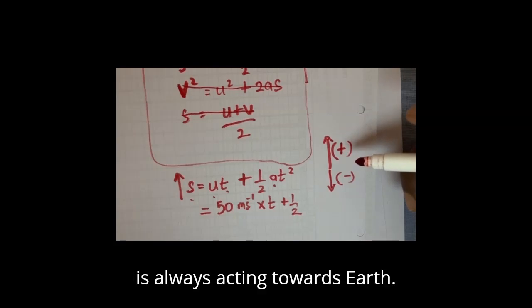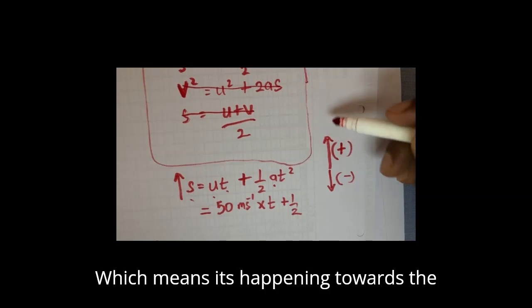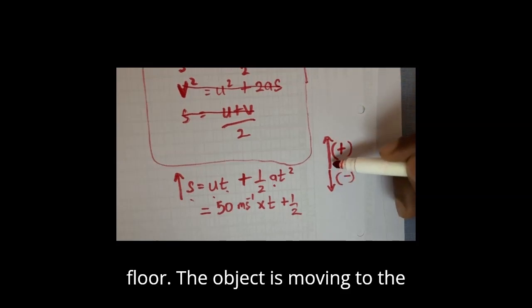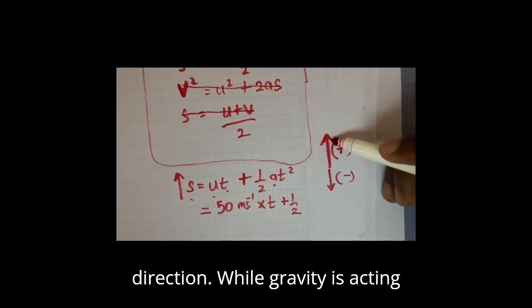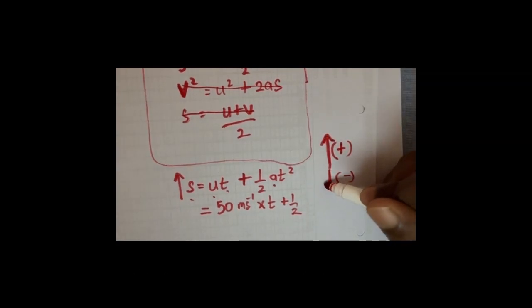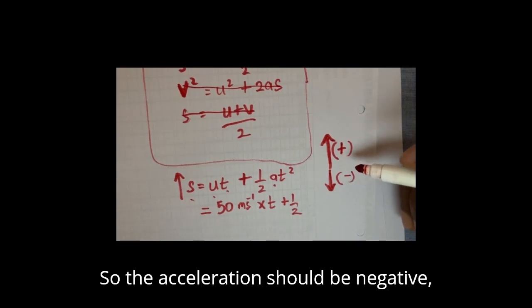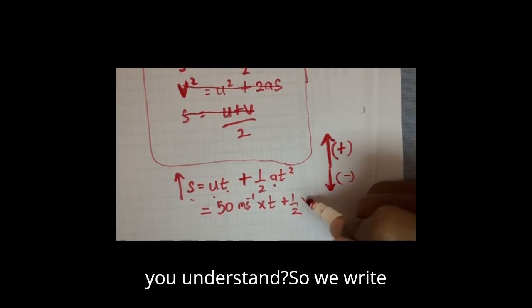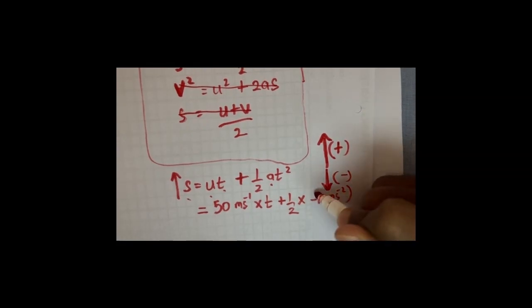Gravity is always acting towards Earth, which means it's acting towards the floor. The object is moving in the opposite direction of the floor. So the object is moving in this direction, while gravity is acting in the opposite direction. So the acceleration should be negative. You understand? So we write minus 10 ms minus 2 here.